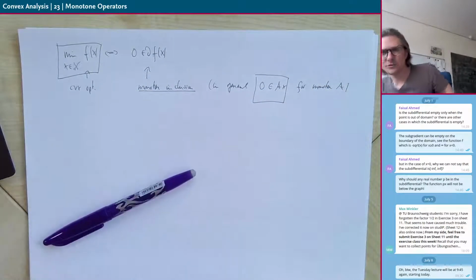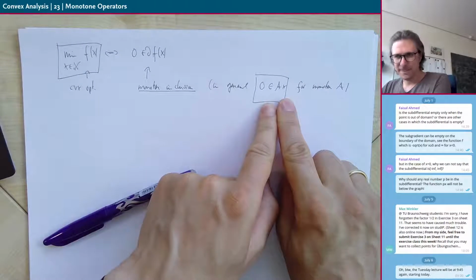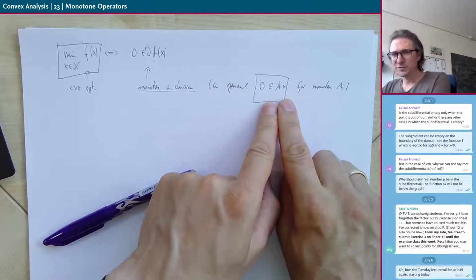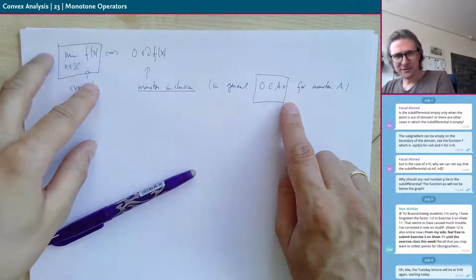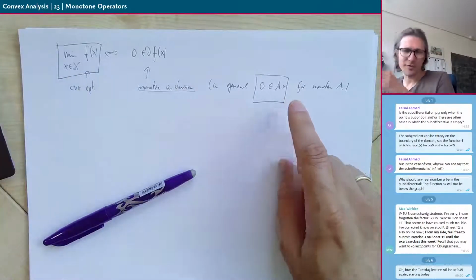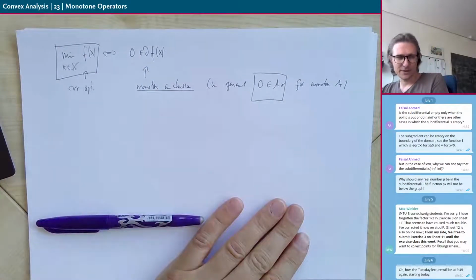Okay, that doesn't sound too impressive, because why should you just rename things? The nice thing is that this class is a little larger. There are monotone operators which are not subgradients. That's one thing. And there are minimization problems which can be formulated as a monotone inclusion, not only like this, but in different ways. We'll come to that, and actually you know one example already.